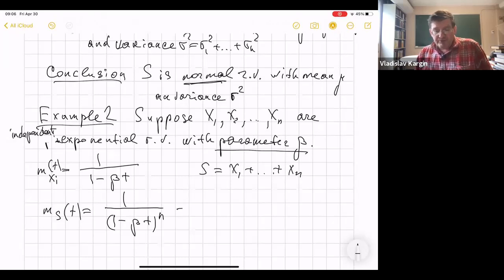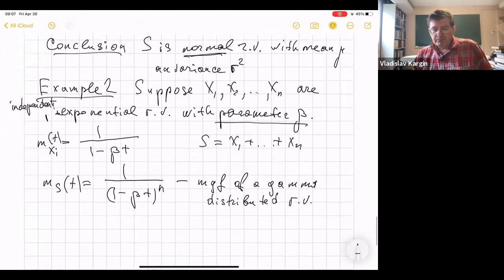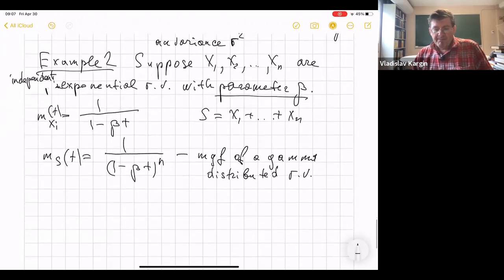It turns out that this is the MGF of a gamma distributed random variable, with specific parameters.